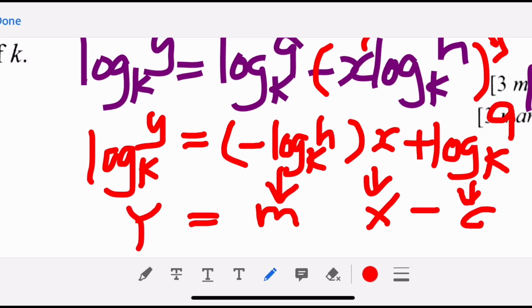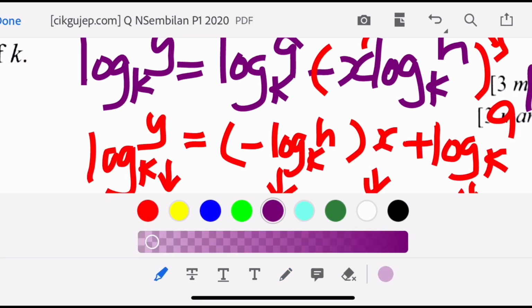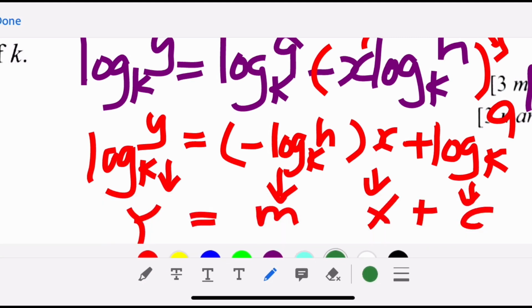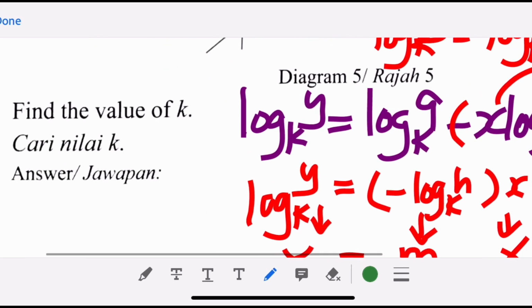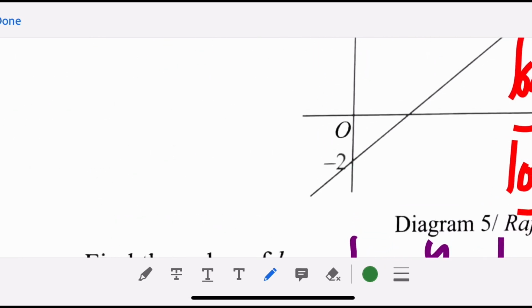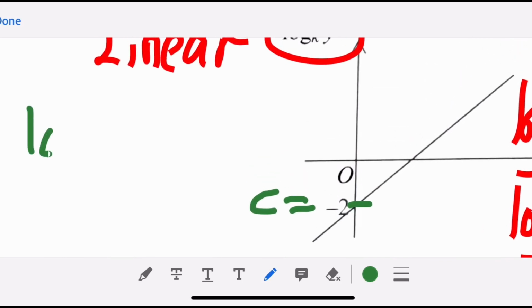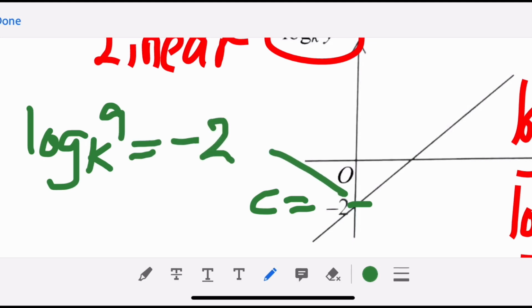Okay, now we go to the graph and we will find the y-intercept, which is the c, and then we will do comparison. We will equate them. So log base k 9 is equal to c. Now you go to the graph. Have you noticed that the c, the y-intercept, is -2? So then you can equate them.